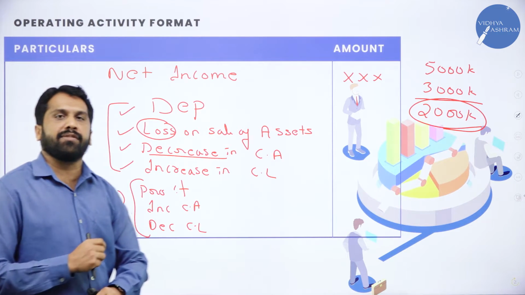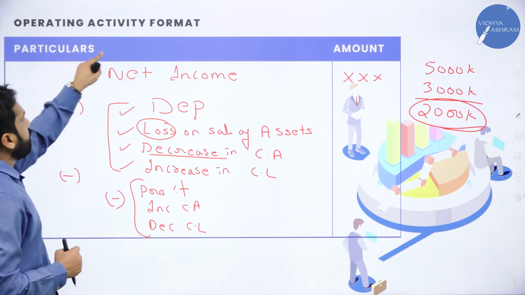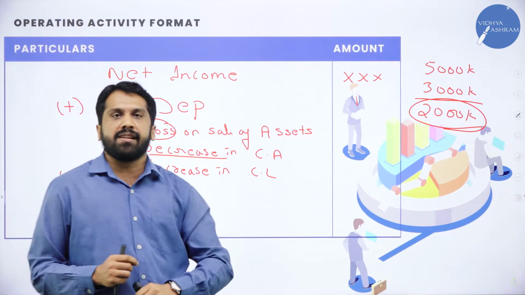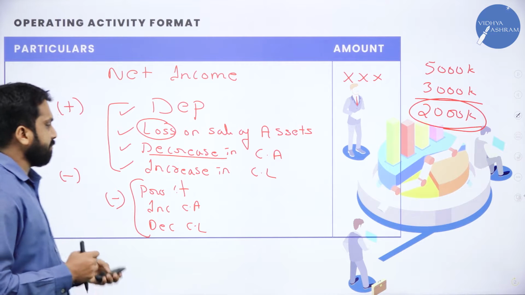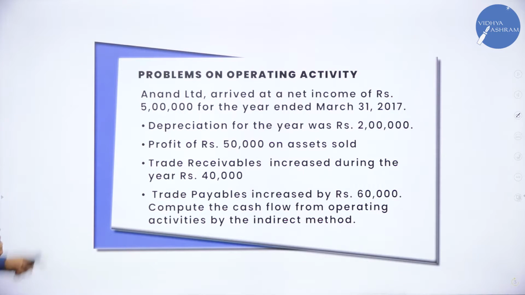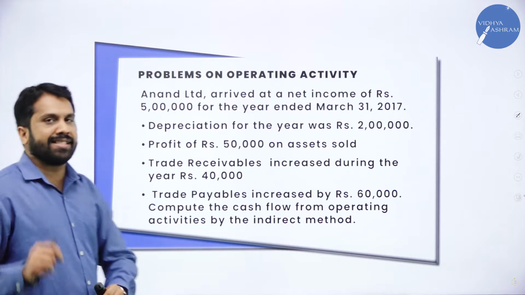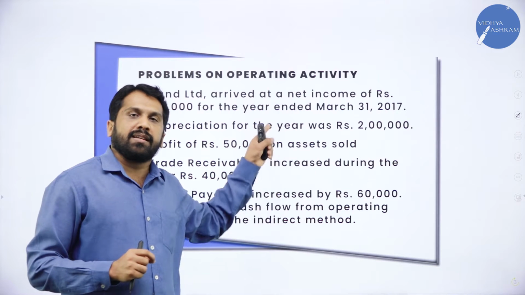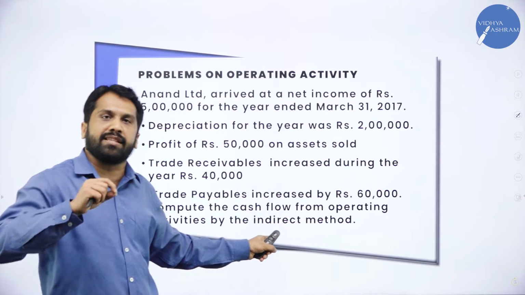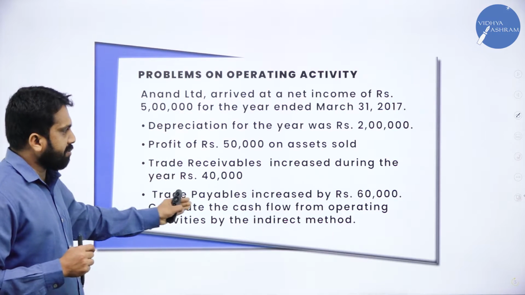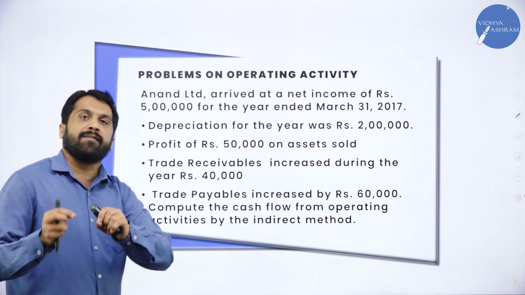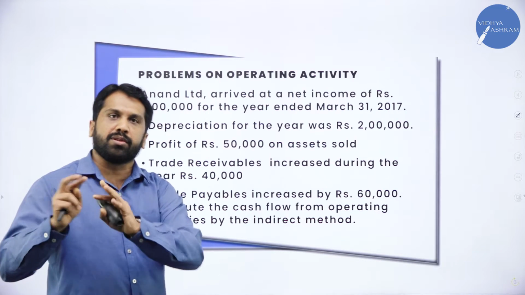Your final answer will be income from operating activity. Easy? Yes. Now, this will be your 6-mark question. This was already asked in your previous year question paper. Whatever problems we are solving are your question paper problems only.